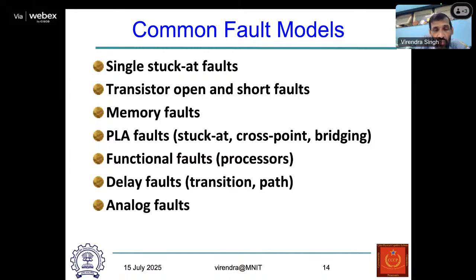Now one way to test a processor is to consider it as any other sequential circuit, and then test the circuit as a sequential circuit. However, because it provides me abstraction, I can also test using its own functionality. And initially in the early 80s, people developed the functional fault model for processors.